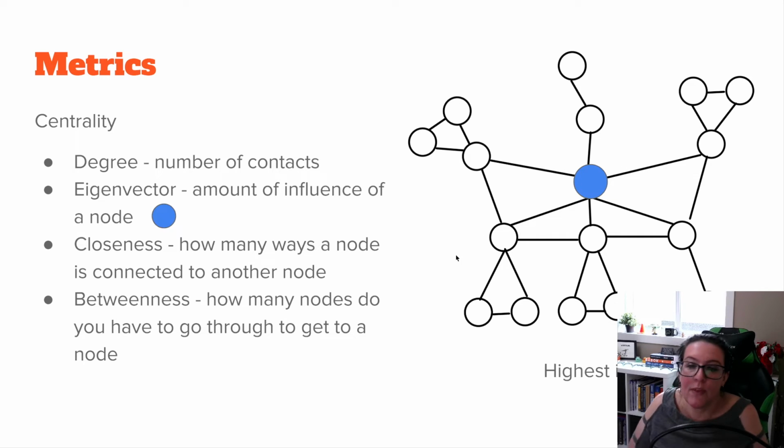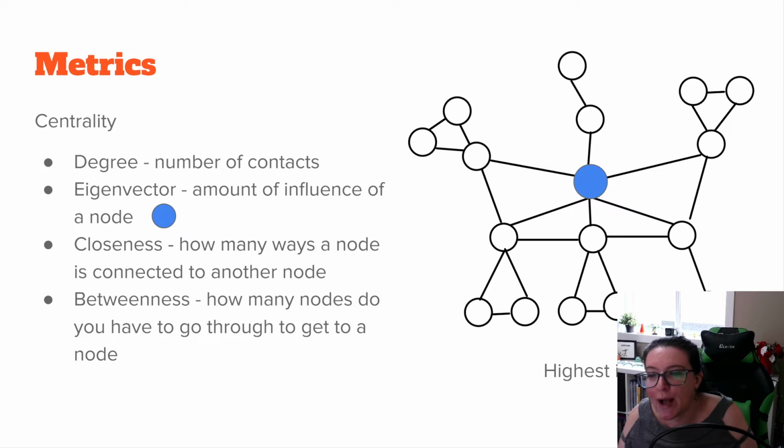Okay. Then there's what is called eigenvector centrality. This is the amount of influence of a node. So who has the most influence on others, which is going to be based on the number of contacts, but also the number of contacts that the other contacts have, right?